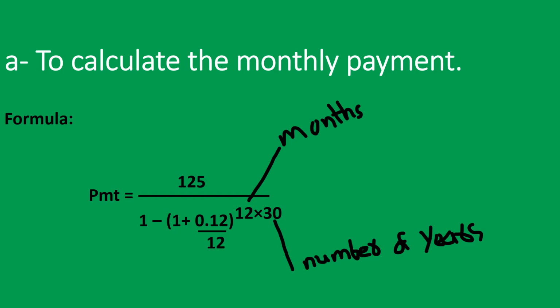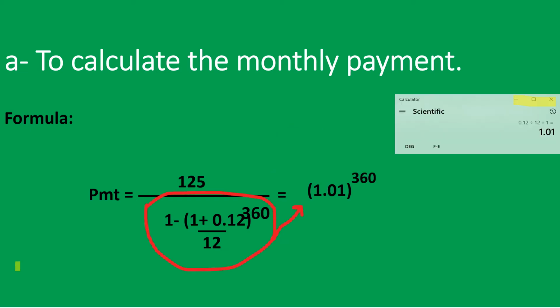In the next stage we will multiply 30 by 12, and you will see the result. You can see my calculation also. If you multiply 12 by 30, the answer is 360 months.